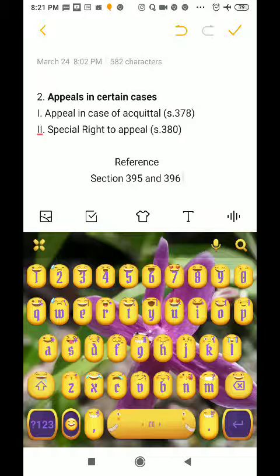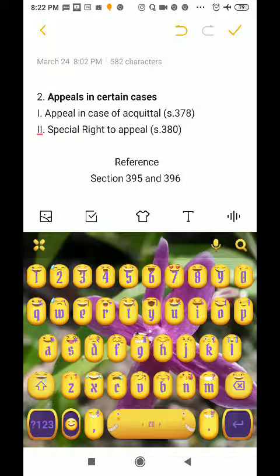That means when a reference case is filed before the High Court, the High Court will provide an order, and that order will be sent to the court which has asked the question. So till now, if it is clear, we will move on to the provision of revision.